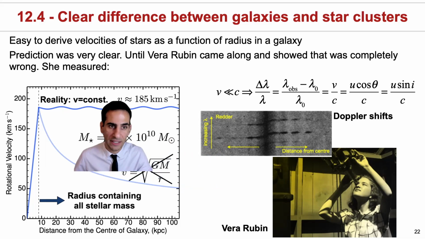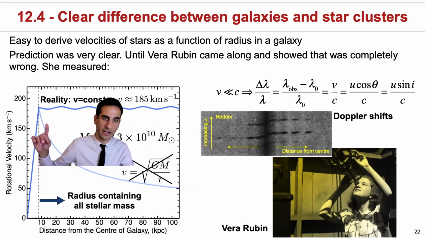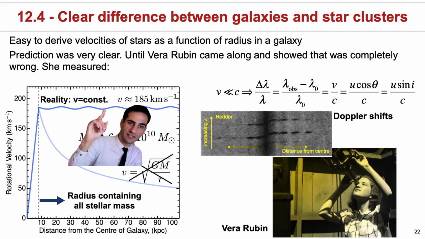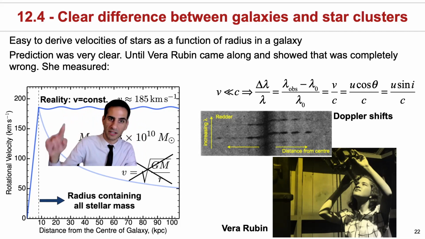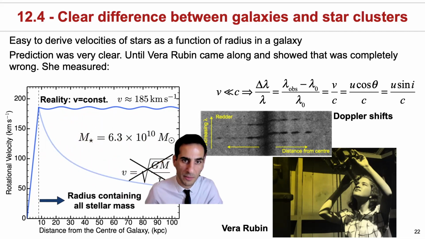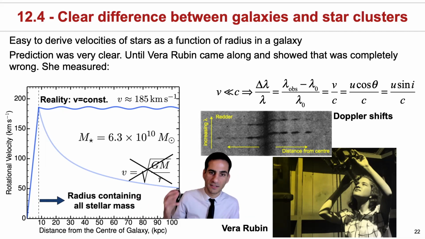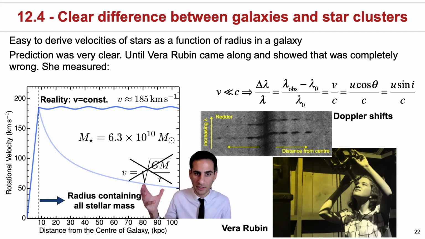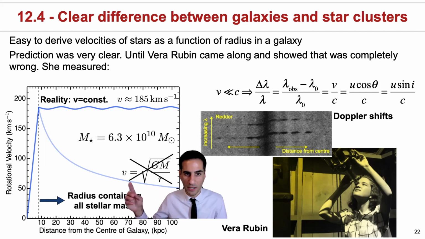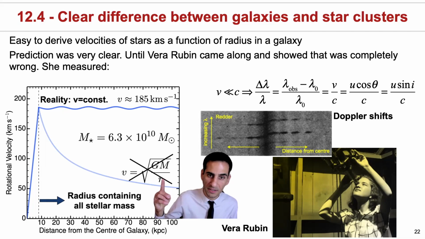Now, it turns out that instead of rotation curves going down, in reality, they stay dramatically constant at a velocity of very close to about 200 kilometers per second. Now, the reason why this discovery was so important is that if you look at this equation, the only way you can get the velocity to stay constant as radius increases is if mass is increasing at the same rate as r.